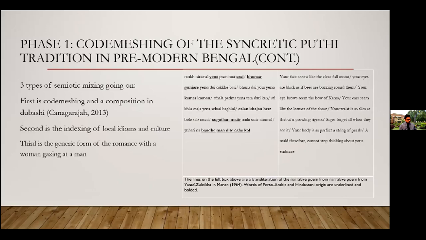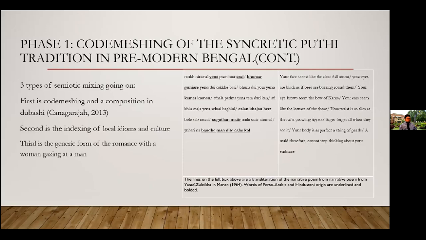So there are three types of code meshing going on here. The first is on the level of language. That is, it includes Arabic words, Muslim words, Hindi words together in the text. The second is the indexing of local media, idioms and culture.